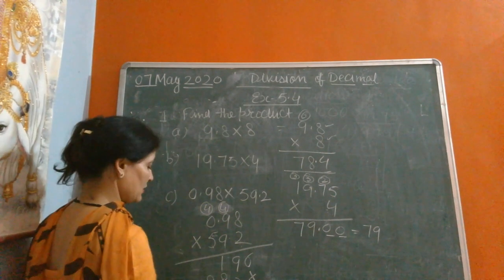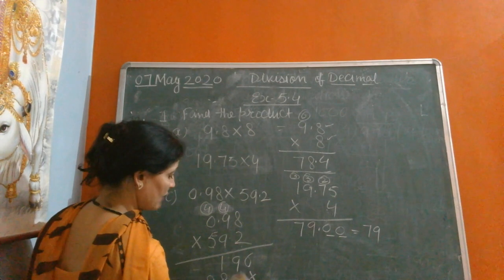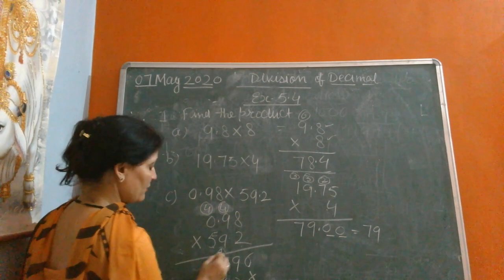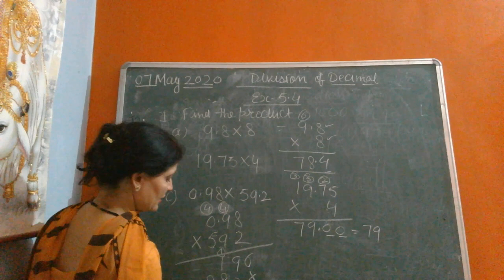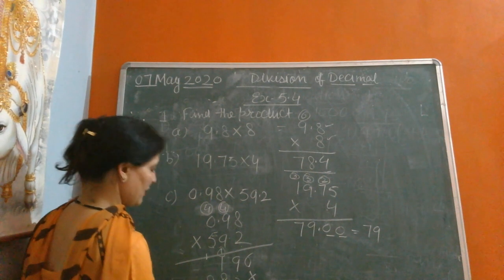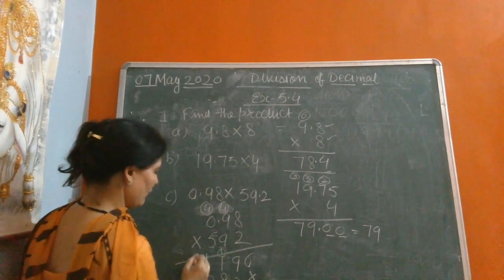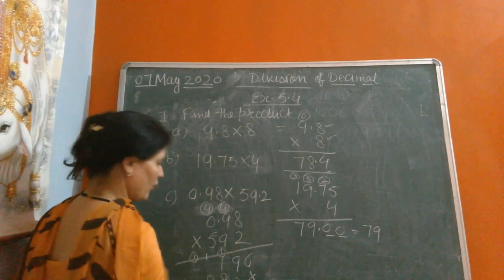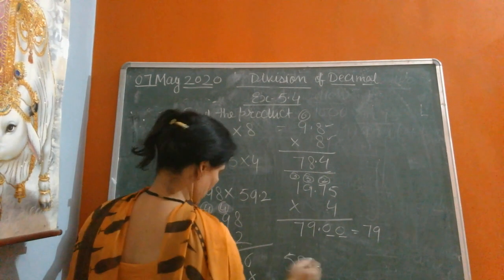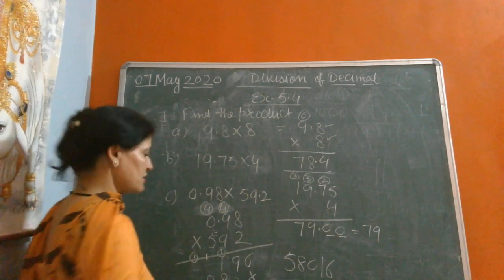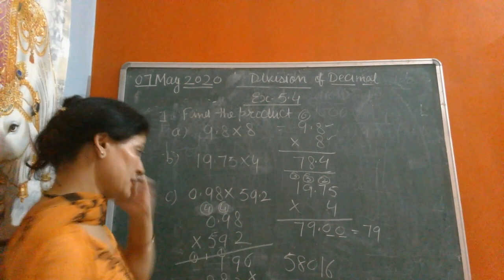Now add these numbers. 6, 9 plus 2 is 11, write 1 carry over 1. 1 plus 1 is 2, 2 plus 8 is 10, write 0 carry over 1. 8 plus 1 is 9, 9 plus 9 is 18, write 8 carry over 1. 5. Now we have got 58,016. How to put the decimal?